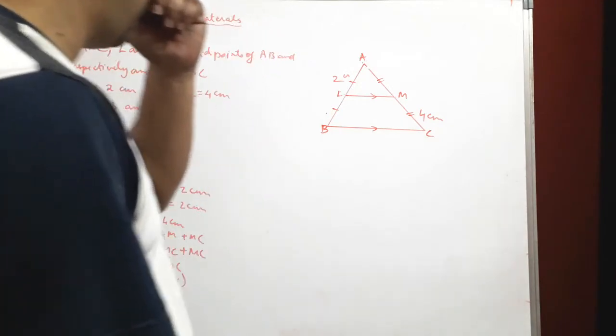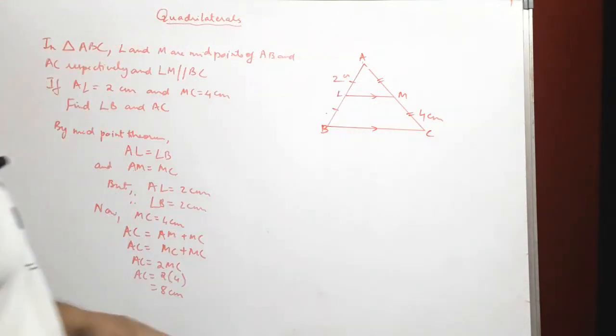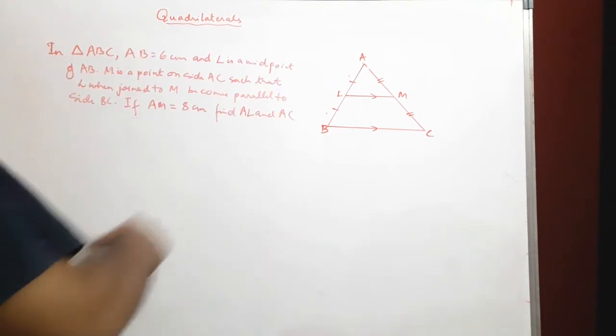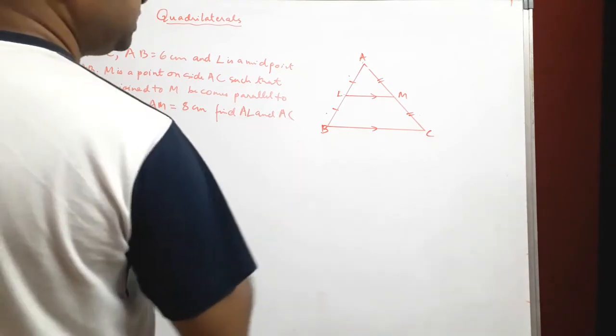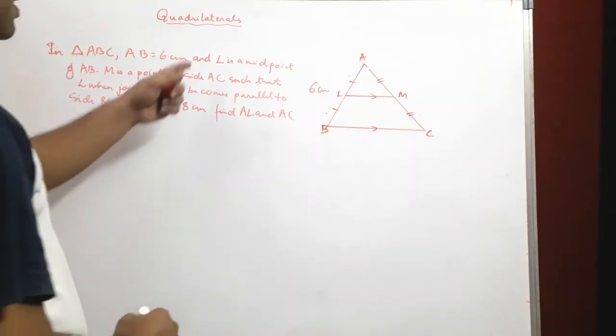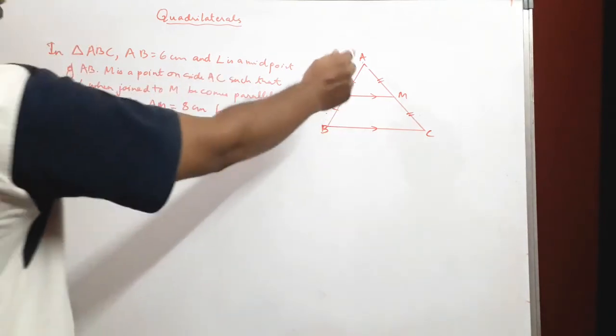Okay, so this is how we can get the sides of a triangle from the midpoint theorem. Let's take another problem. We are given in triangle ABC, AB, the full length, is equal to 6 centimeters, and L is a midpoint of AB.